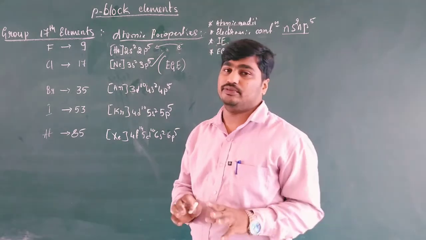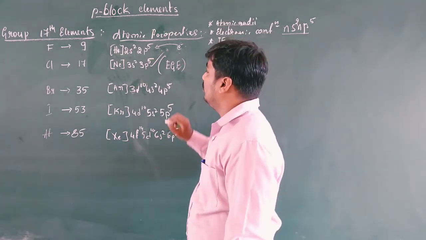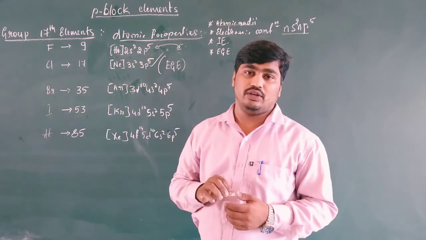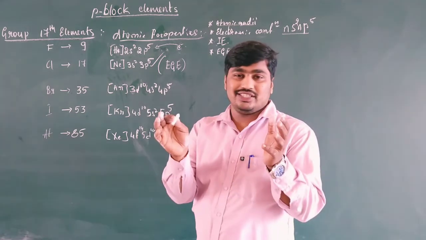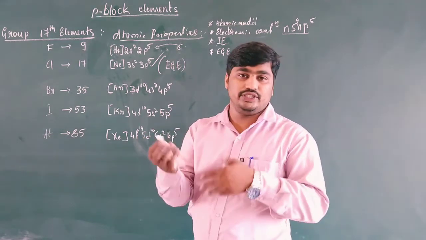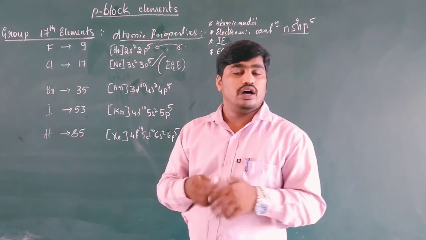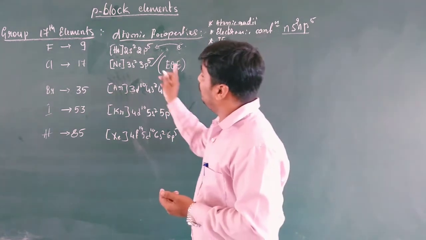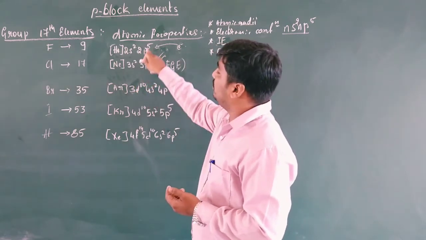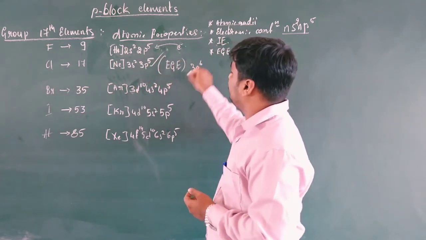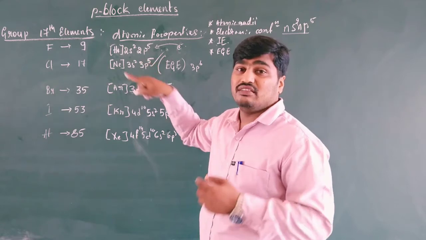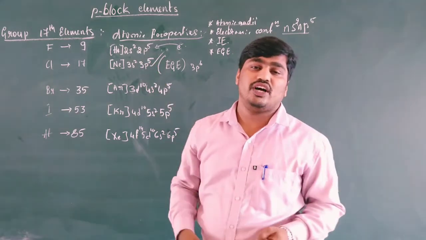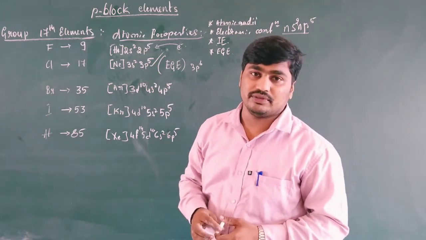A small negative value. But chlorine shows a high negative value. Chlorine's size is larger, so it has the ability to take the electron. When you add one electron, it becomes 3p6. 3p6 is the complete or stable electronic configuration.